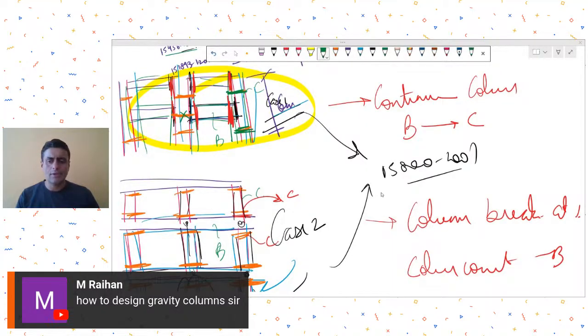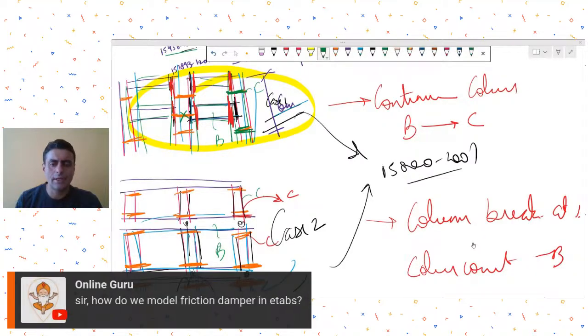In addition to that, you could also refer to IS 13920, chapter 11 or chapter 12, I think, which talks about gravity columns. There are some complications related to gravity columns. I'll suggest you have a look at the previous discussions that we have conducted on Ask AuxEn Anything.